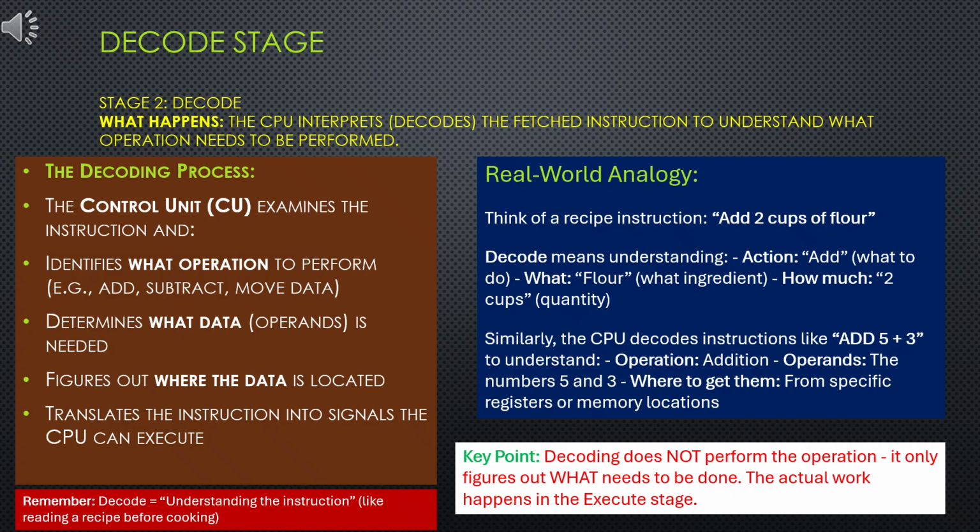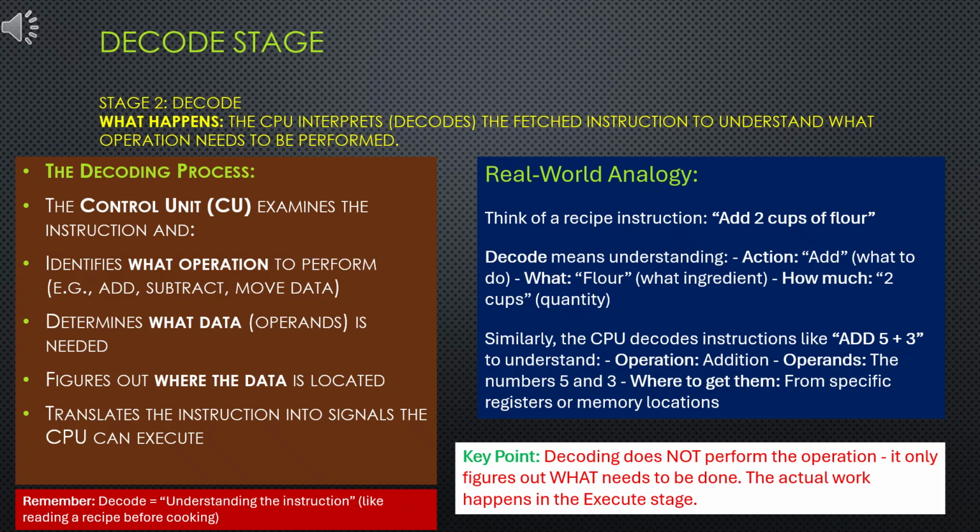This tells the CPU where the data is. It identifies the specific numbers or memory addresses needed for the tasks. The control unit then translates these findings into electrical signals that prime the rest of the CPU for action.